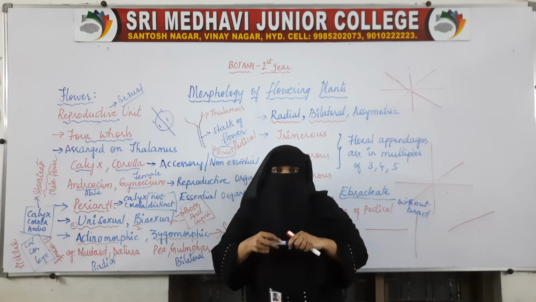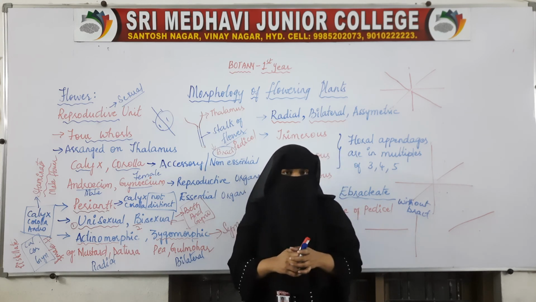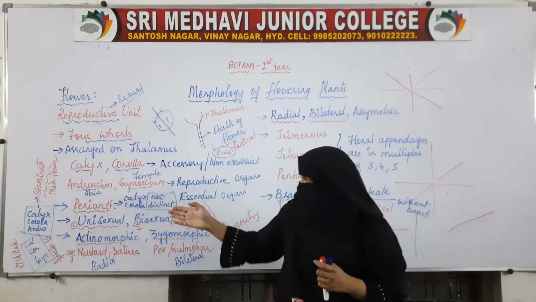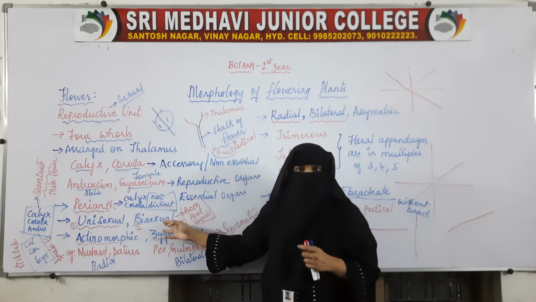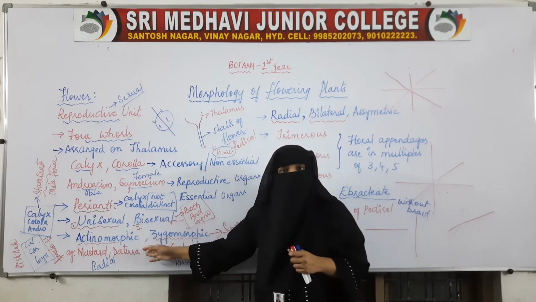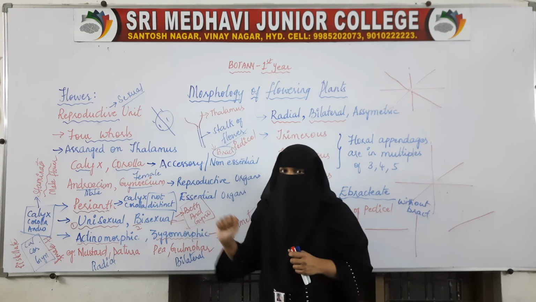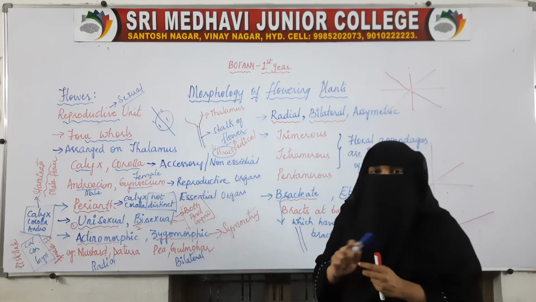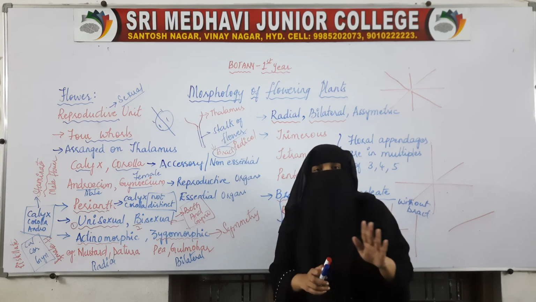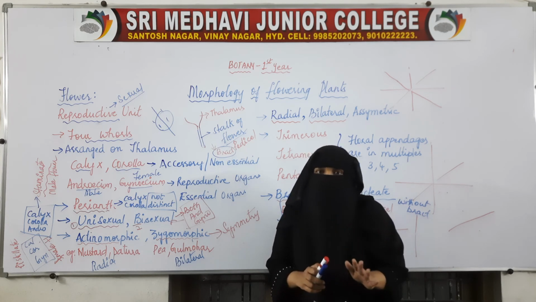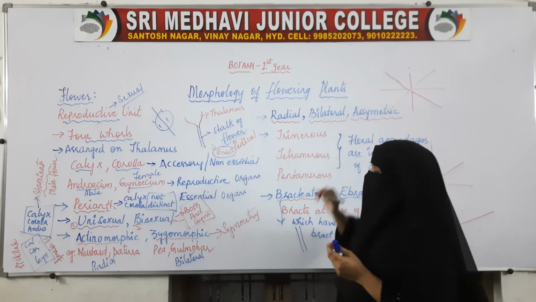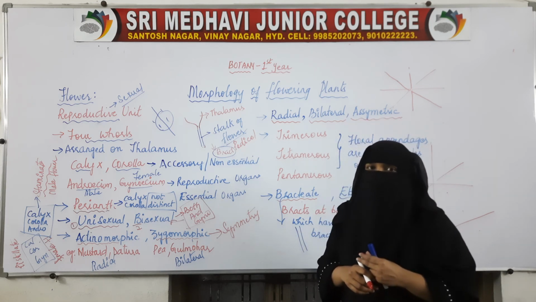So these are the various classifications. Based on this classification, unisexual and bisexual depends on the number of reproductive organs present, and based on the symmetry, it is actinomorphic or zygomorphic. If there is no symmetry, that is, if a flower cannot be divided into two equal parts in any plane, then that flower is called asymmetric.